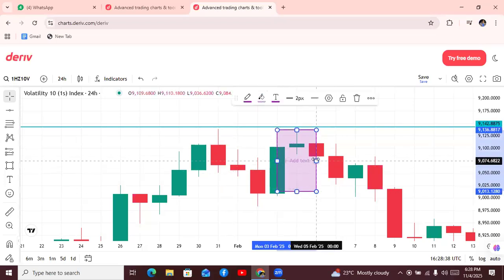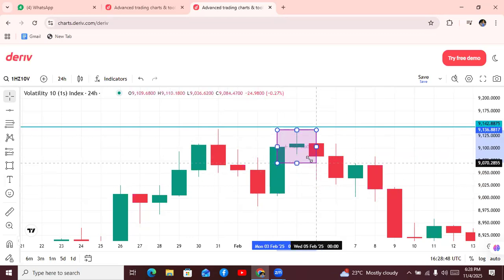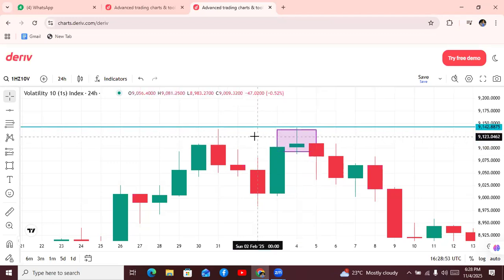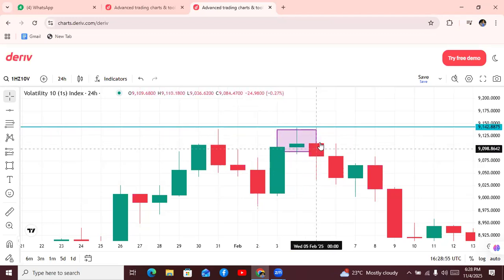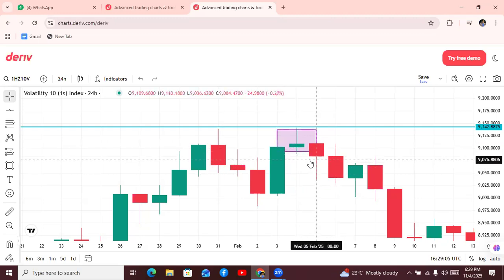These three candlesticks, 1, 2, 3, give us an evening star, and this candlestick alone gives us a shooting star. So we have two bearish candlestick patterns that are confirming a possible sell.